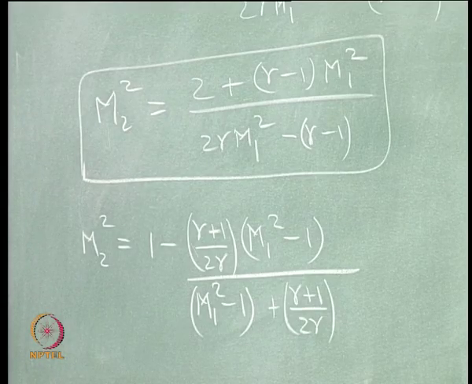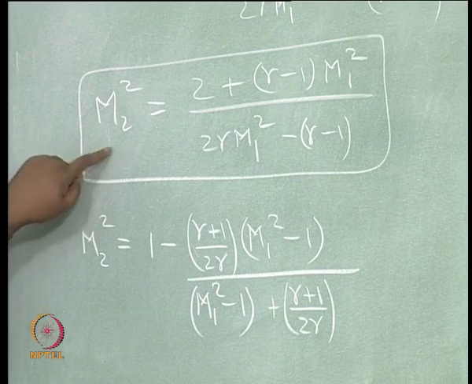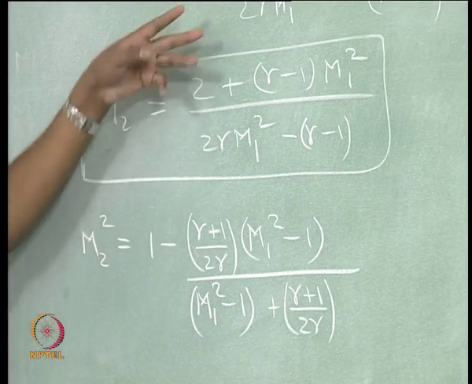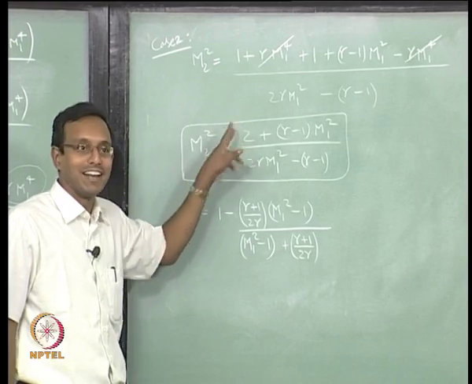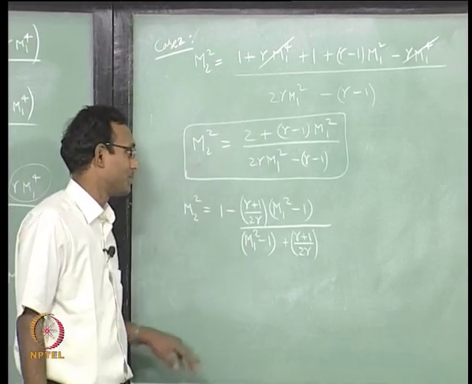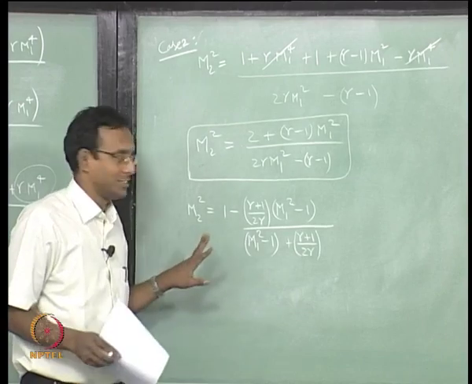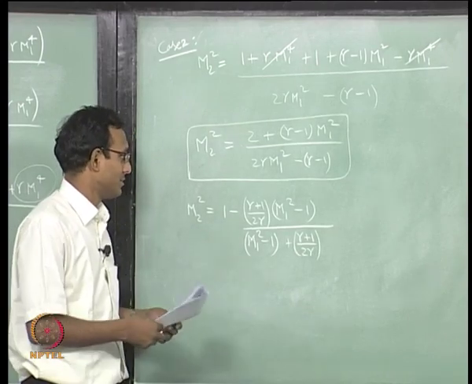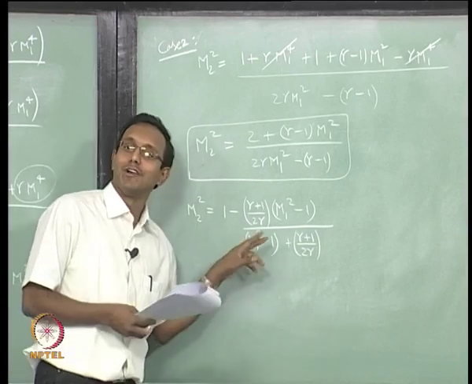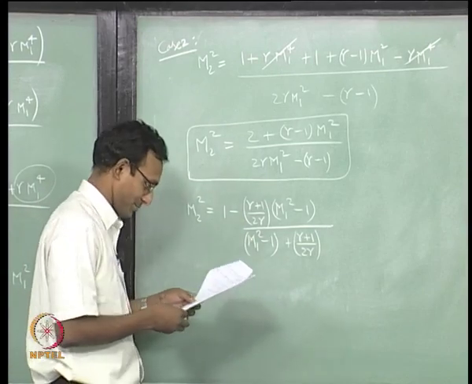Do not worry about how I got to this, just rearranging this I can get to this. I have to multiply and divide by appropriate terms, add and subtract appropriate terms to get to this form. It is possible to get here, not much of use, just for one simple reason I am going to keep it. You can figure out how to get to this, it is not very difficult to get.